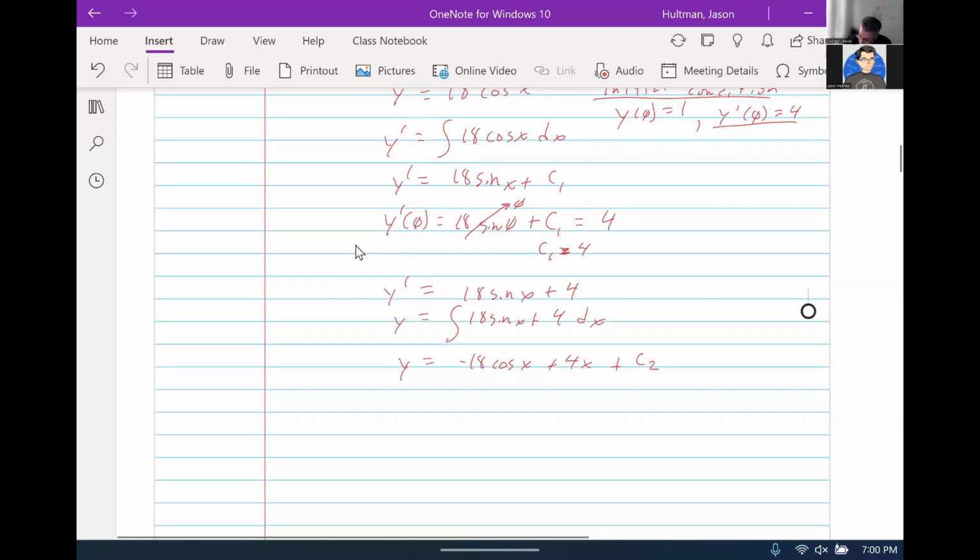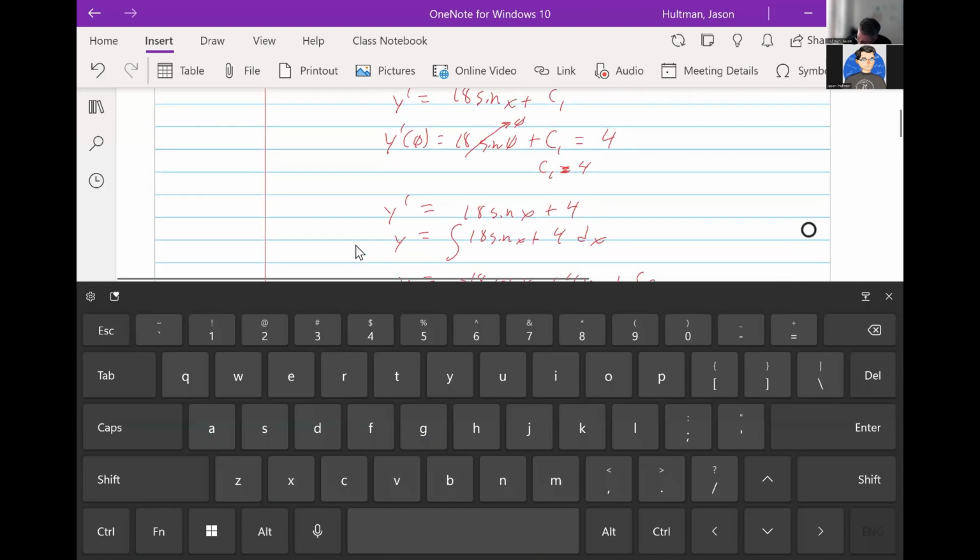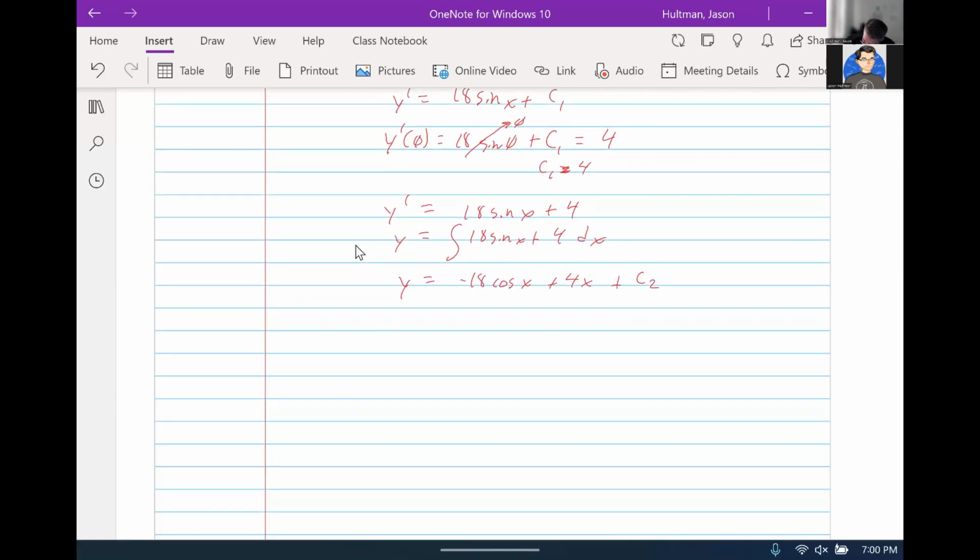And then we want to plug in y of 0 equal to 1, right? So this is negative 18 times the cosine of 0 plus 4 times 0 plus c2 is equal to 1.